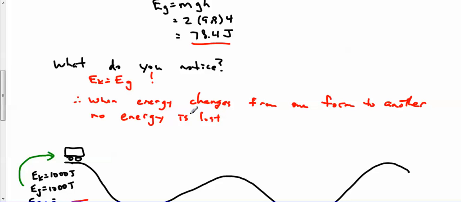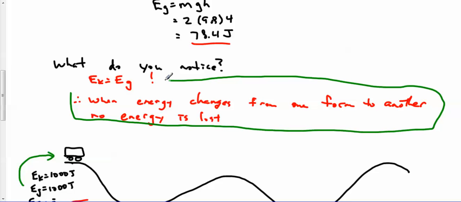I don't actually like that definition very much, this no energy is lost, because sometimes energy is lost as heat, and I don't want you to get confused about it. So I would like to put a little box around this here, and then over here I'm going to put one form to another.